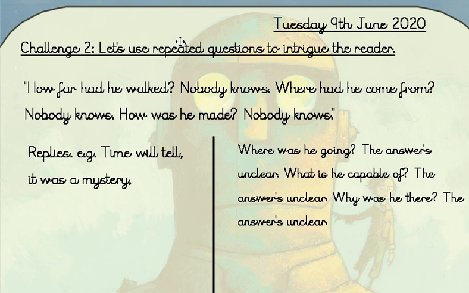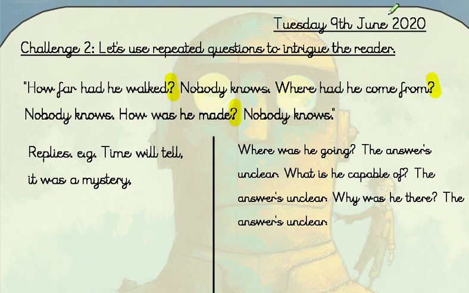We're going to use repeated questions to intrigue the reader. I'm going to reread you a section from the start of the story that I really love. How far had he walked? Nobody knows. Where had he come from? Nobody knows. How was he made?